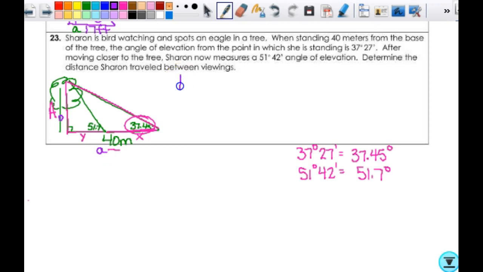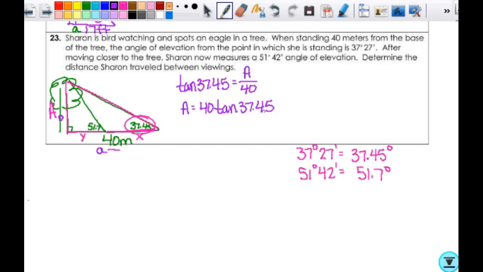So I'm going to take the tangent of 37.45. That's equal to the opposite, which is that capital A, so I can store it in my calculator, over the adjacent, which is 40. So that means the length A, which I'm going to store, is 40 times the tangent of 37.45.